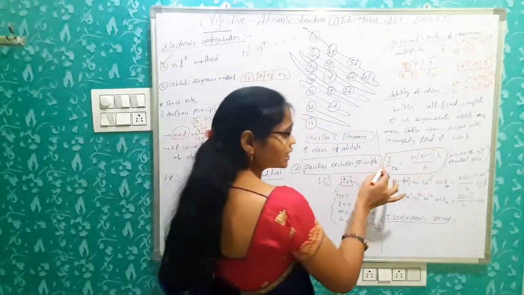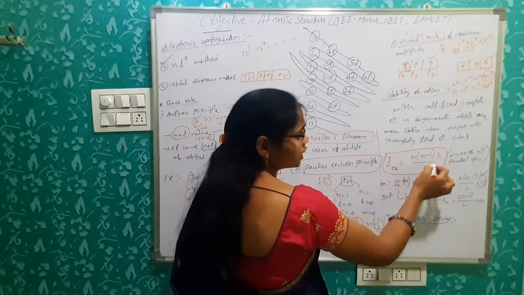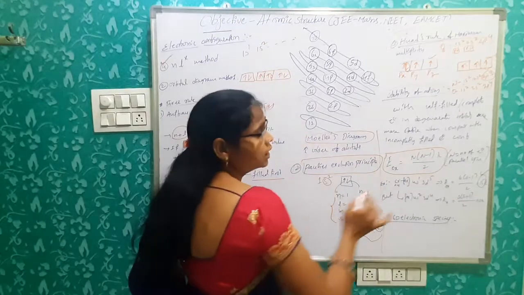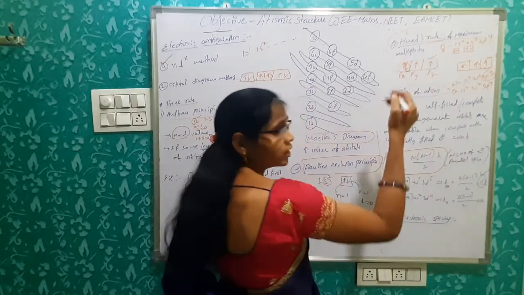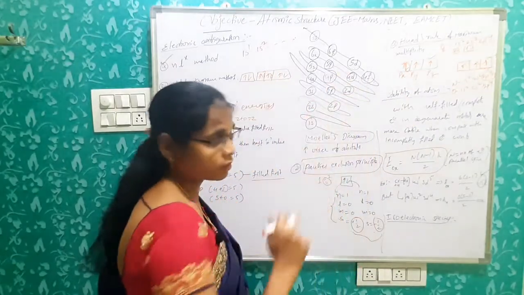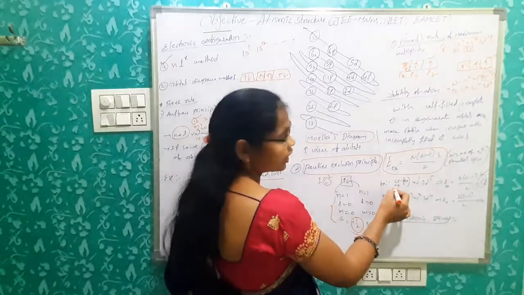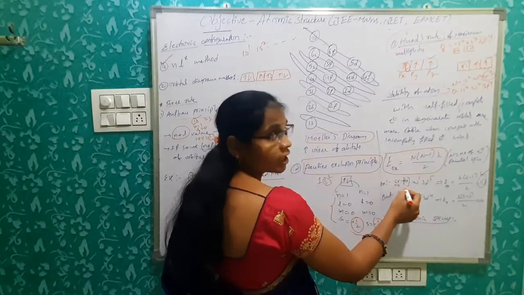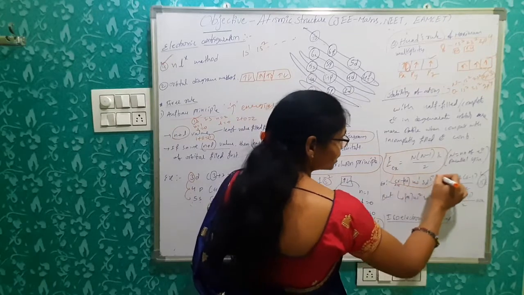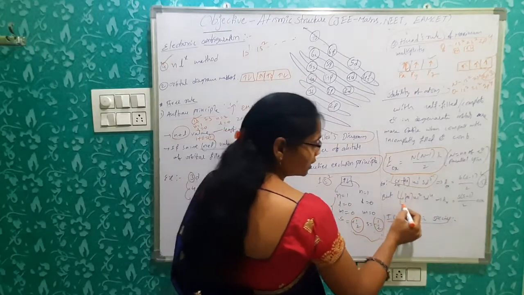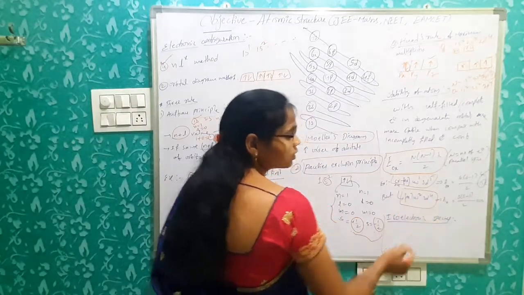How to calculate that extra exchange energy? It is n into (n minus 1) into k by 2, where k is a constant. Here n means the number of parallel spin electrons, in the upward or downward direction. For example, chromium, atomic number 24. How do we write the configuration? Argon 4s1 3d5. Actually this is the stable configuration. We would expect 4s2 3d4, since after filling the s orbital, electrons enter the d.